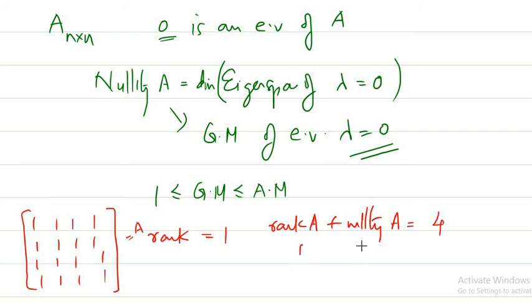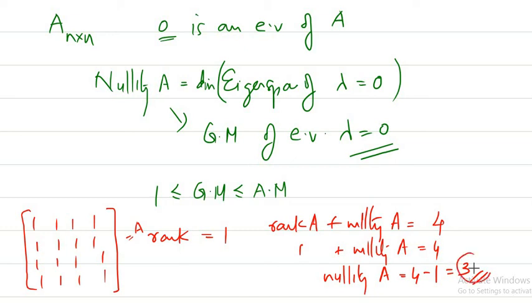So rank of A is 1, so nullity has to be what? Nullity of A is 4 minus 1, that is 3, right? So what we get is the geometric multiplicity of the eigenvalue 0 is 3.